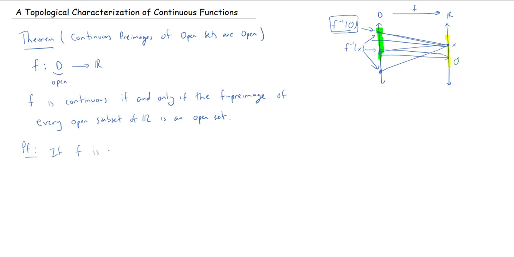So if f is continuous, okay, and well, let's see. We're going to want to take some open subset of R. So we'll have some open subset, we'll call it O, of R. And we want to show that the preimage is open.